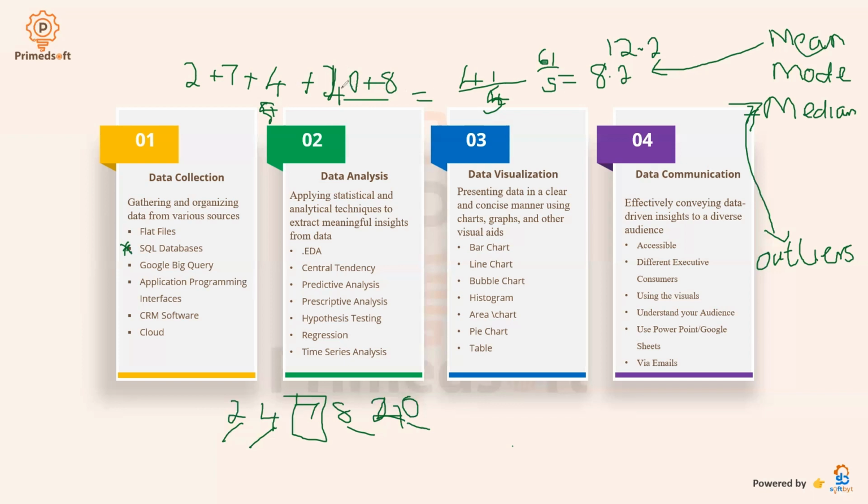As you keep increasing this outlier, the mean keeps increasing, but the median never increases. This is why the median is a much more reliable measure of central tendency than the mean. Does this make sense, guys?